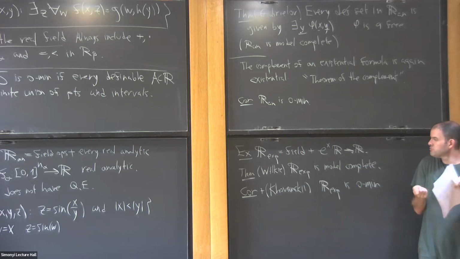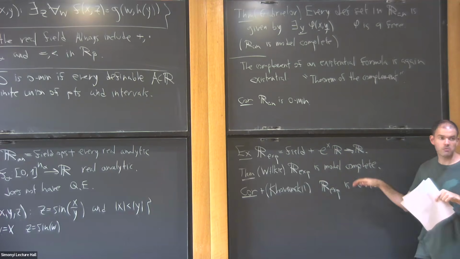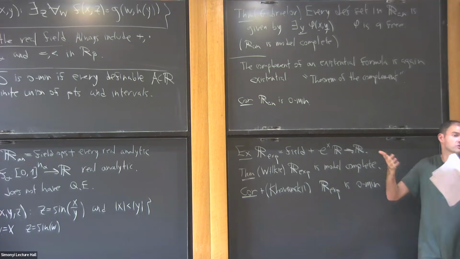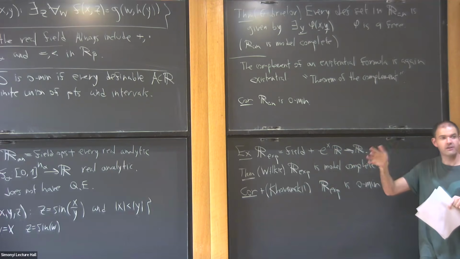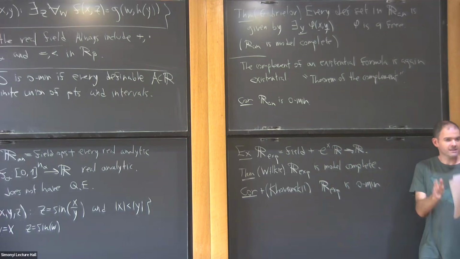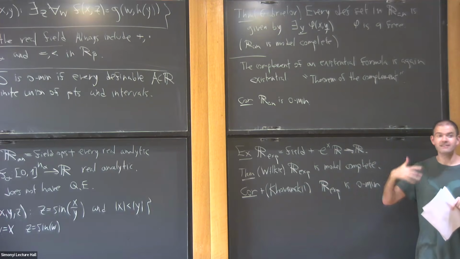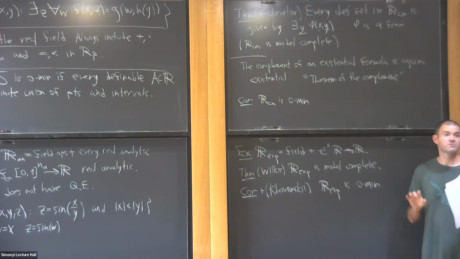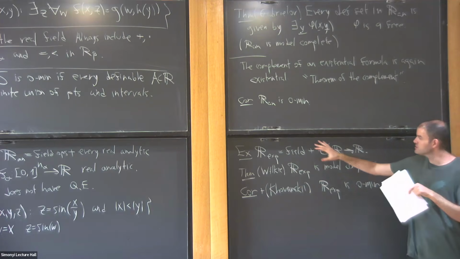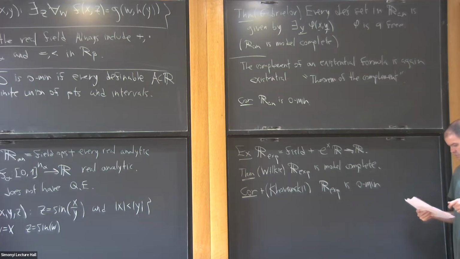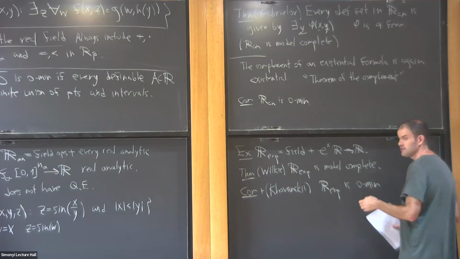And to bridge this gap, you need something like model completeness or quantifier elimination or something else. I mean, in some cases, it has neither quantifier elimination nor model completeness, and one can still deduce o-minimality in an even more complicated way, but I just wanted to give some examples of how it works in the standard settings. Okay, so this is, yeah.